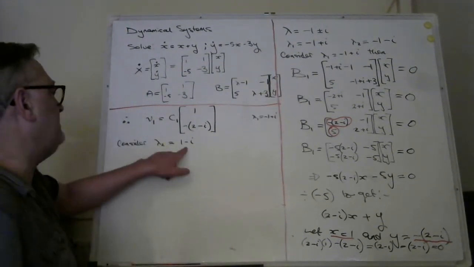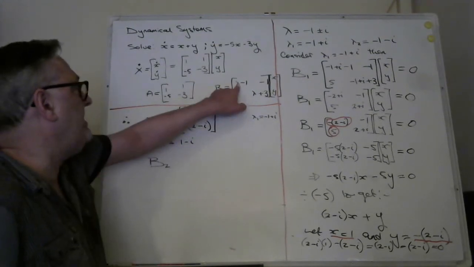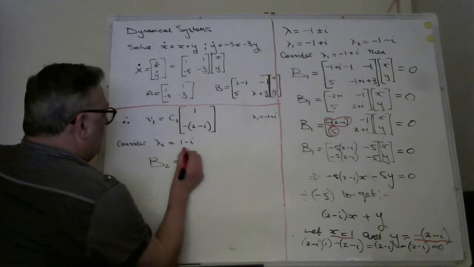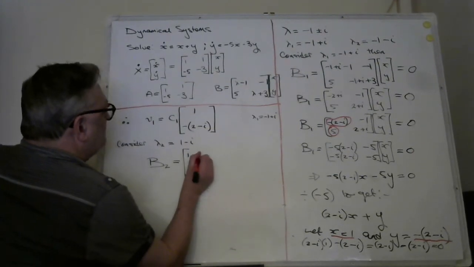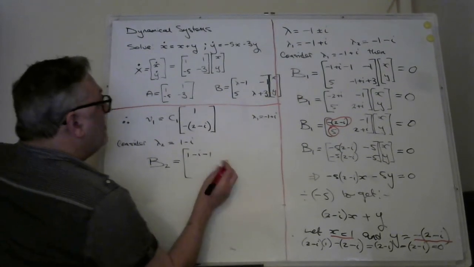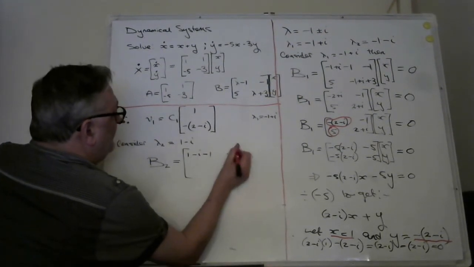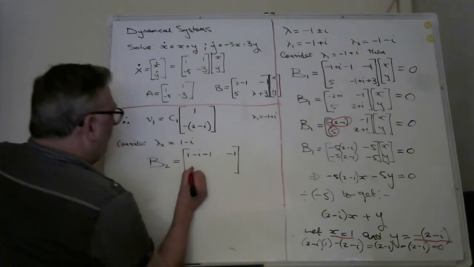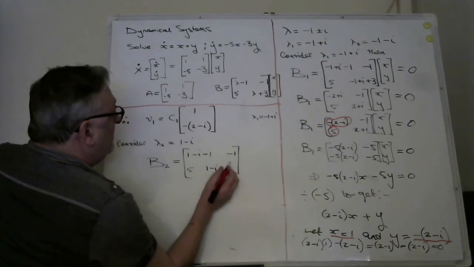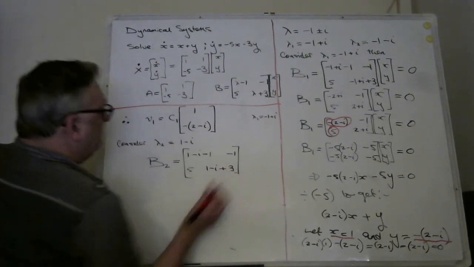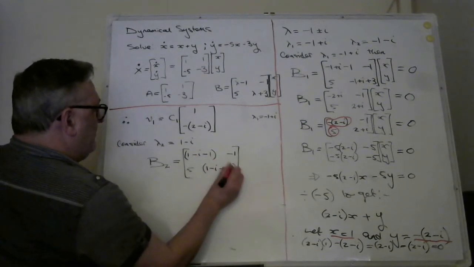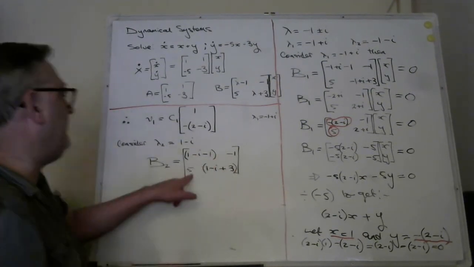So if we substitute 1 minus i in for lambda there, we get B2 equals 1 minus i minus 1. Minus 1 stays as it is there. And we've got 5, 1 minus i here, plus 3. So you can just put brackets around those to show that they're separate entries from this and this.